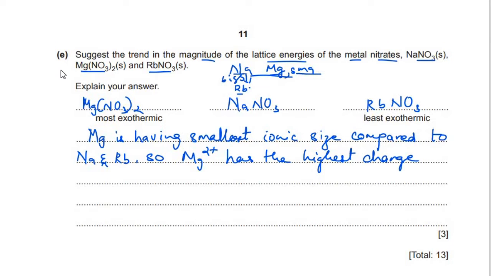That's how I'll write highest charge density, because magnesium has the high charge and small size, so the charge density of magnesium is highest.